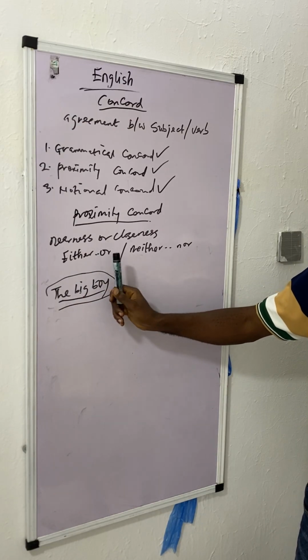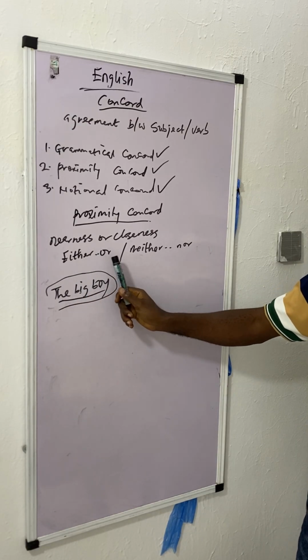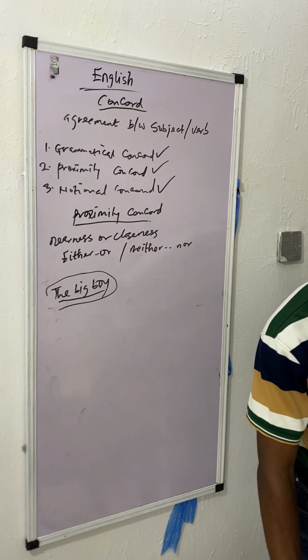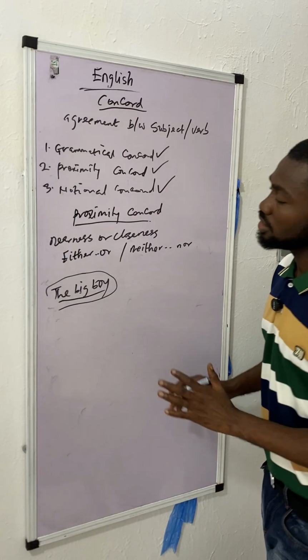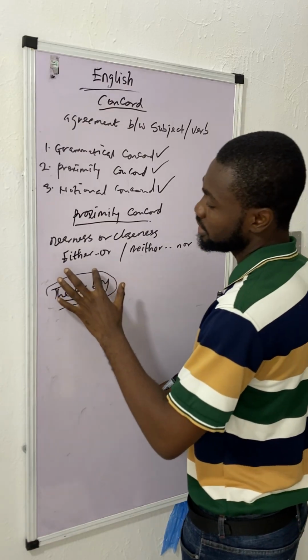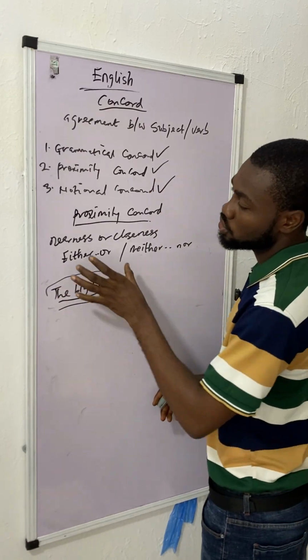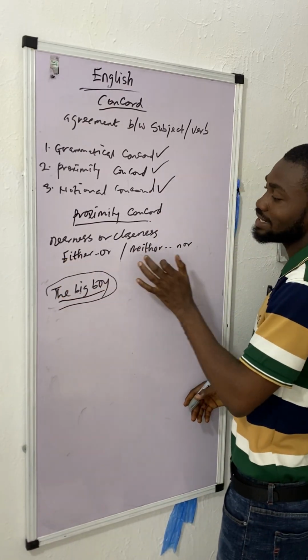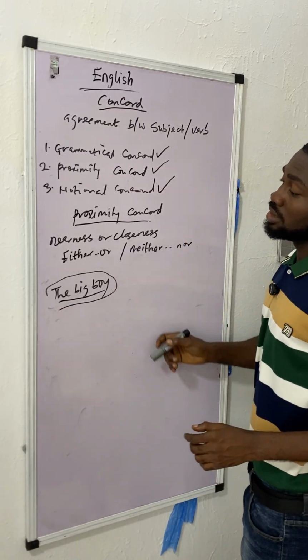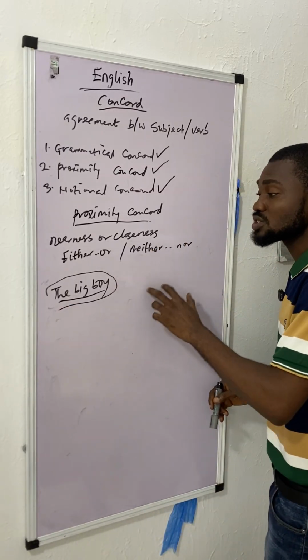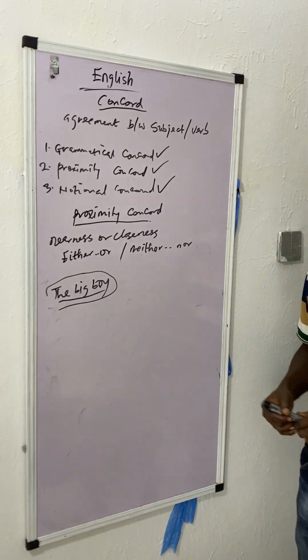The subject closer to the verb controls the verb. Okay, that's the subject nearest the verb. When a compound or group subject is correlated by either or, neither nor, the closest subject to the verb controls the verb.